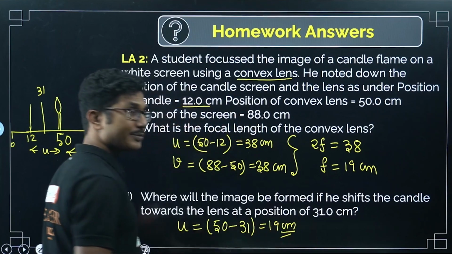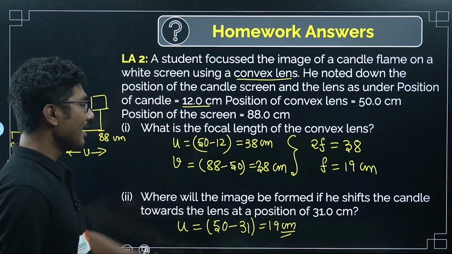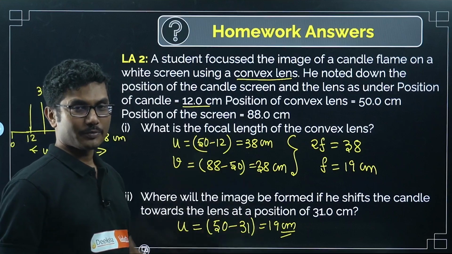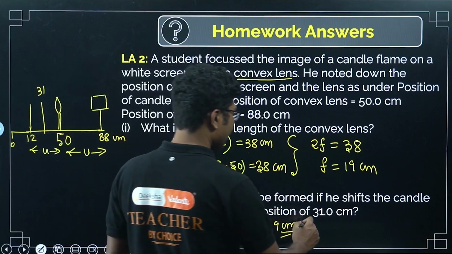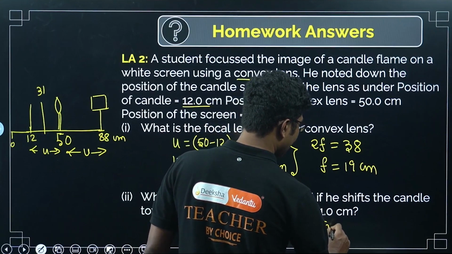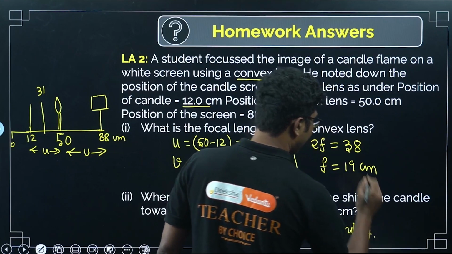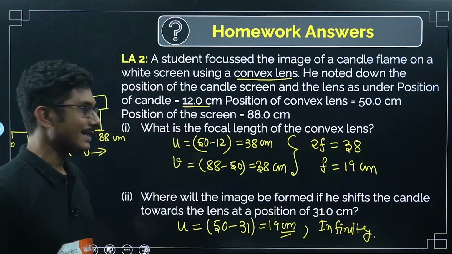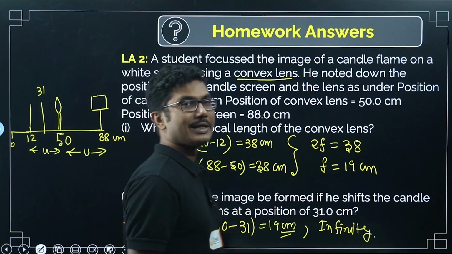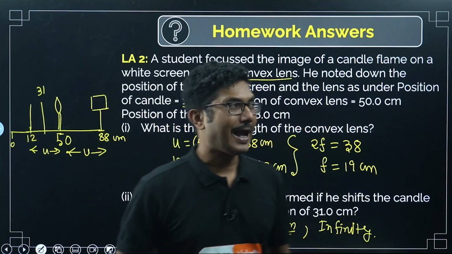So the object is now placed at the focus of the lens. When the object is placed at the focus of the lens, the image must be formed at infinity.